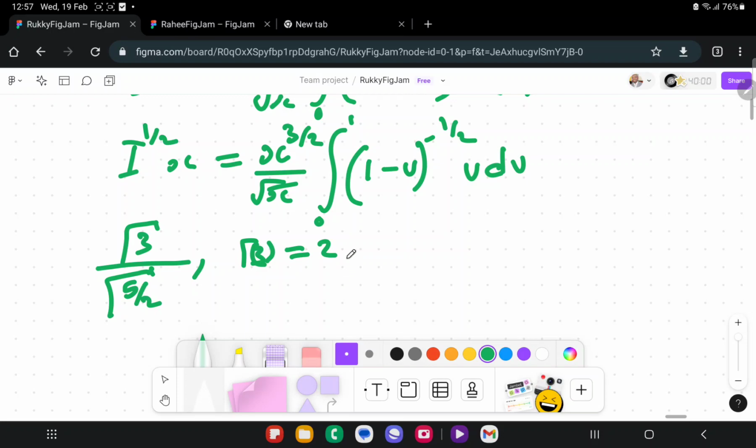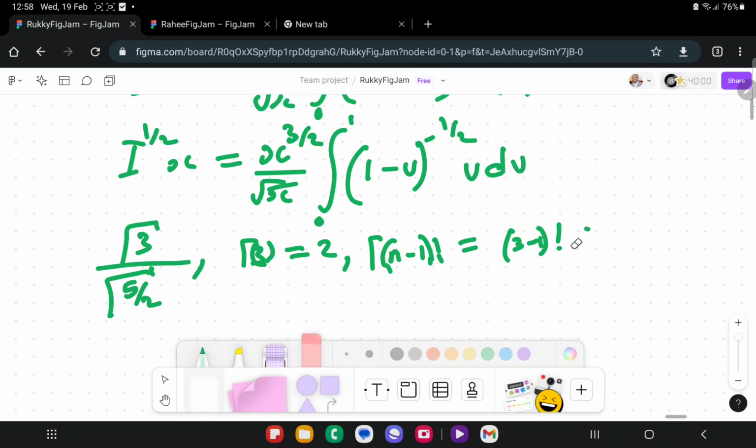This is so because the gamma of n is (n minus 1) factorial, so with n equal to 3, 3 minus 1 factorial gives us 2 factorial, which is still the same thing as 2.